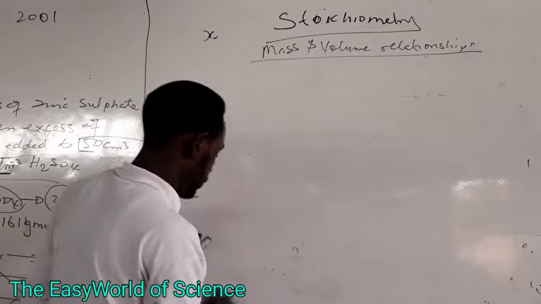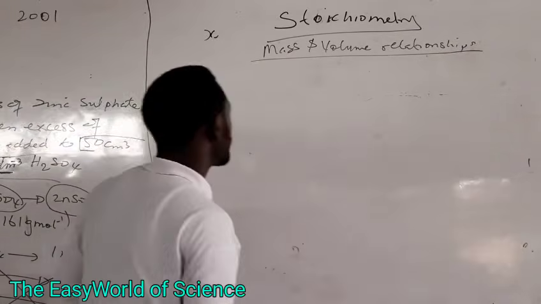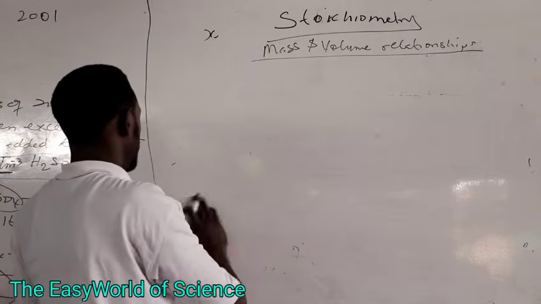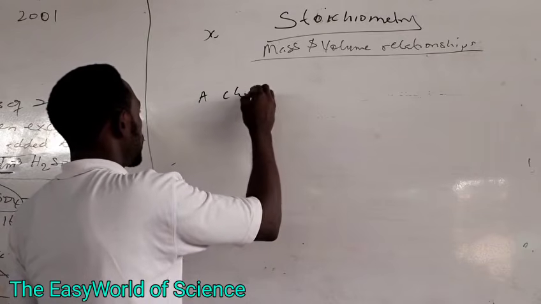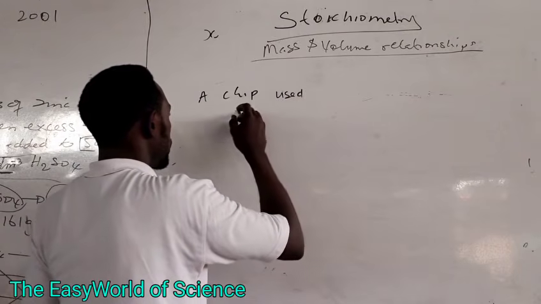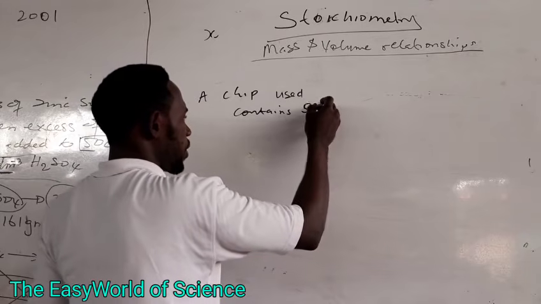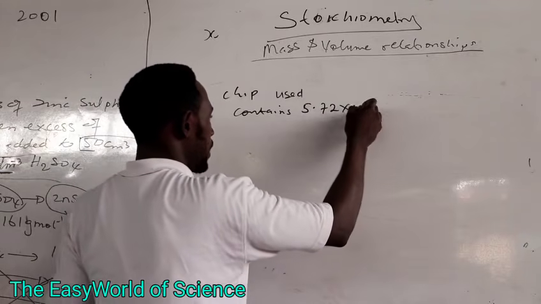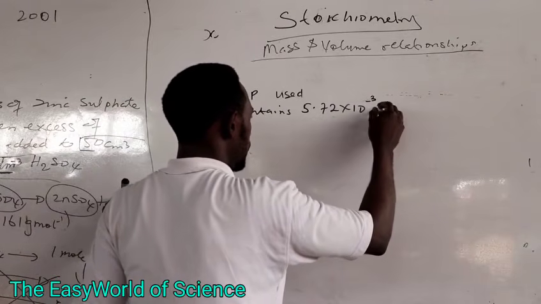Okay, this one is from the same year. That's the theory part of that year. Question 1B, 3. A chip used in a microcomputer contains 5.72 times 10 power minus 3 grams of silicon.